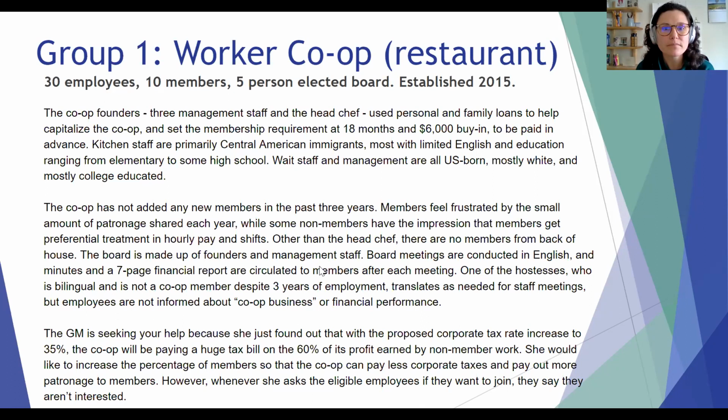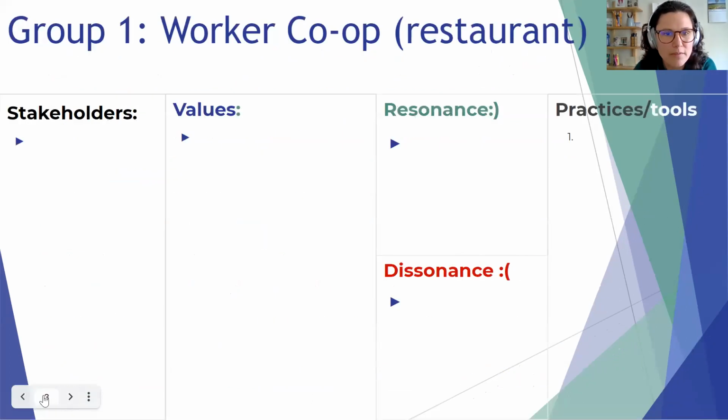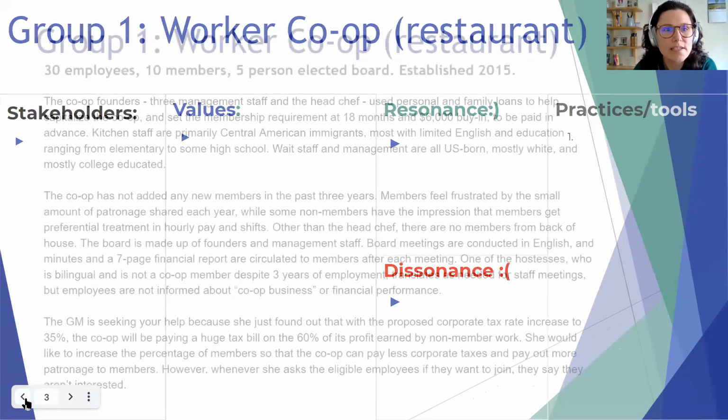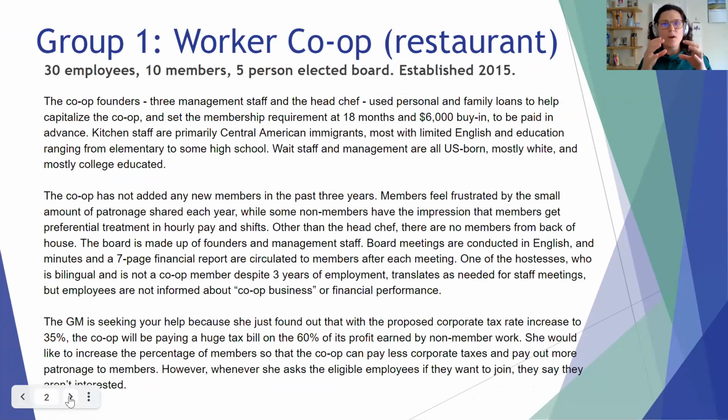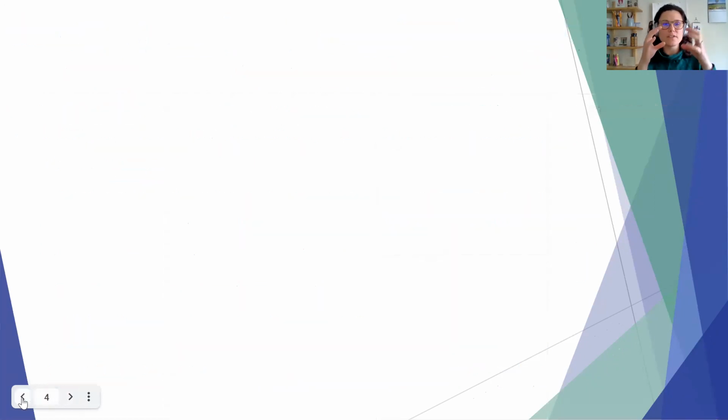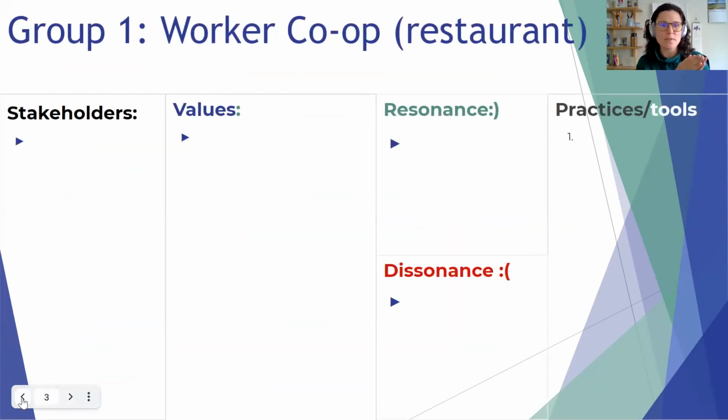There were lots of other details, but I guess the stakeholders are all within this co-op, and it's the members who tend to be the management and the higher staff in the hierarchy, and then the non-member workers. In terms of the values, it didn't come through very clearly from the description, aside from a real commitment to making it a profitable business.